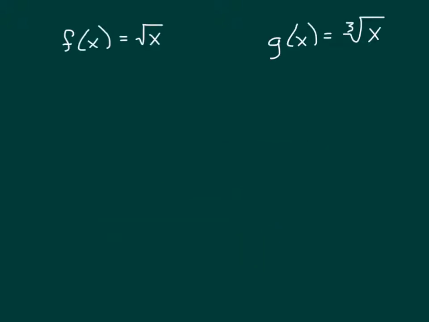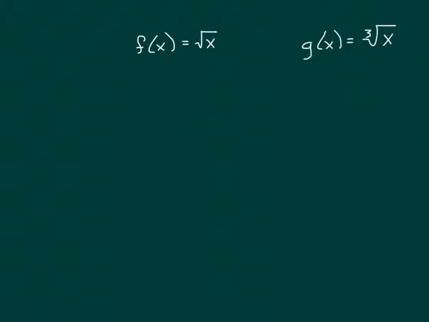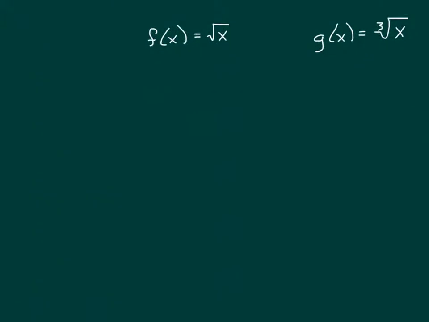I have my function f of x is the square root of x and g of x is the cubed root of x. And what I'm going to be concerned with here is I want to find the domain for each function. So for the square root, what we're looking at is an example like the square root of negative 16.